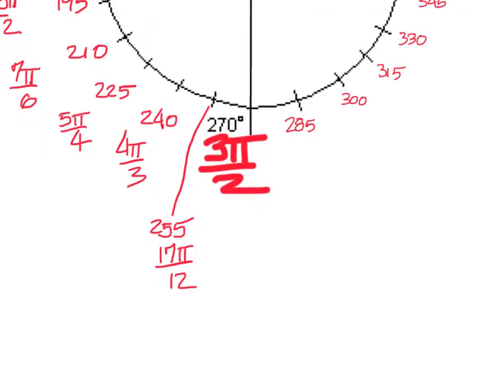And we finished with what unreduced fraction here? 18 pi over 12. Yes, so the next one is 19 pi over 12. It cannot be reduced. The next one is 20 pi over 12. That can be reduced to 5 pi over 3.